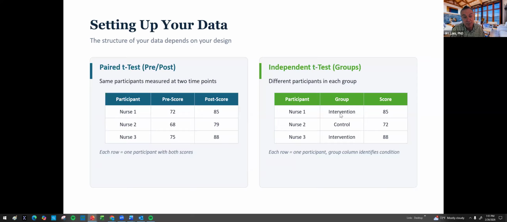You have some people did the pre-test, other people did the post-test. So yes, you are doing an independent samples t-test there. Okay. So yes, you have different groups there. Once you have different groups, you're in t-test land.